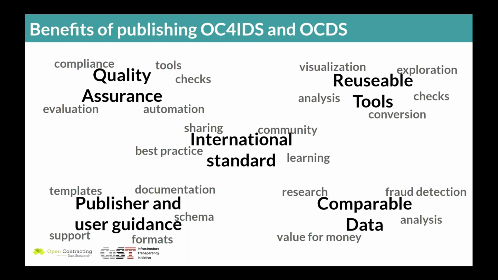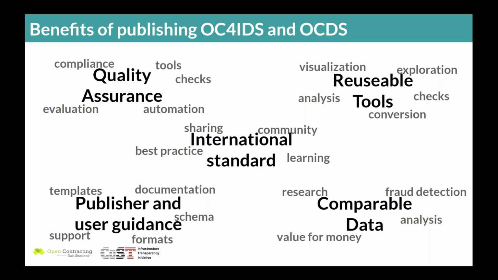There's lots of benefits to publishing to a data standard. So we have automated checks, so you know that if someone is publishing in OCDS and it passes the data review tool, you can actually do a structural check to ensure that all of the data has got the correct structure and format, and it's got the required fields.